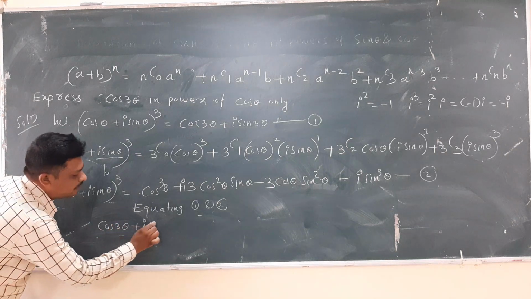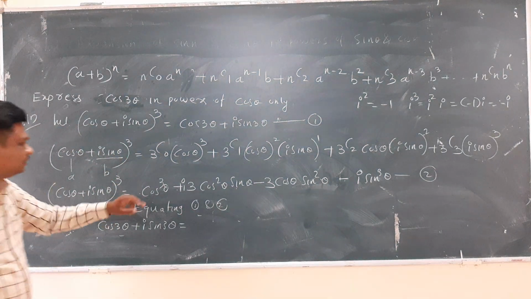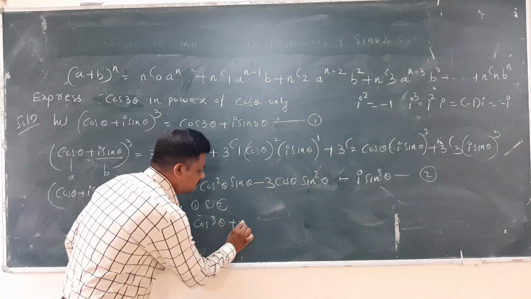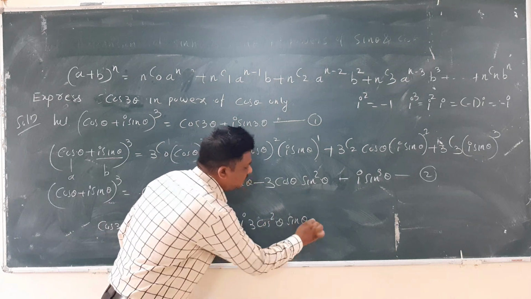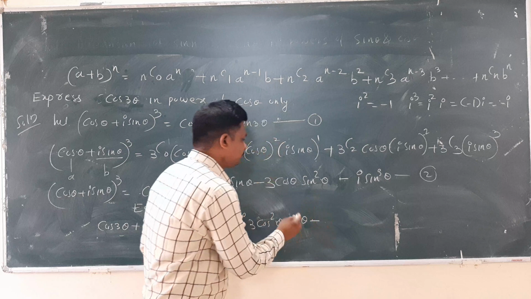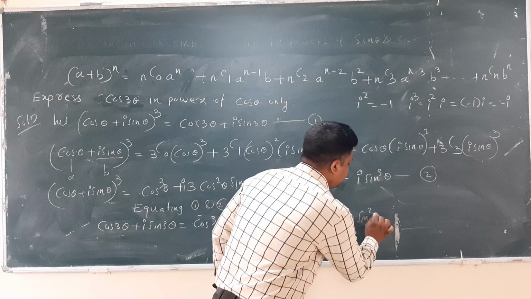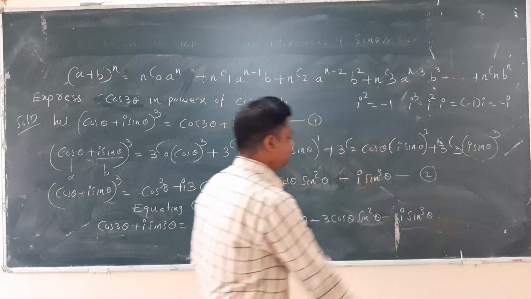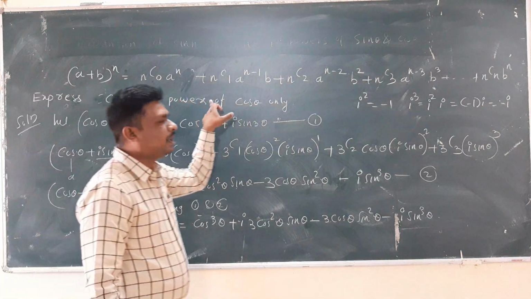Cos 3 theta plus i sin 3 theta is equal to cos cube theta plus i 3 cos square theta into sin theta minus 3 cos theta sin square theta minus i sin cube theta.